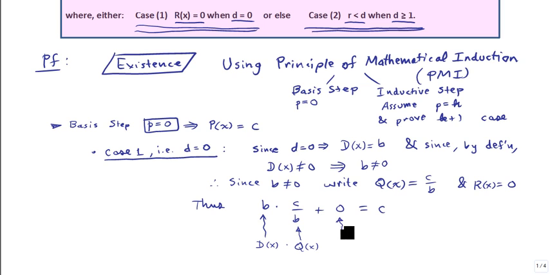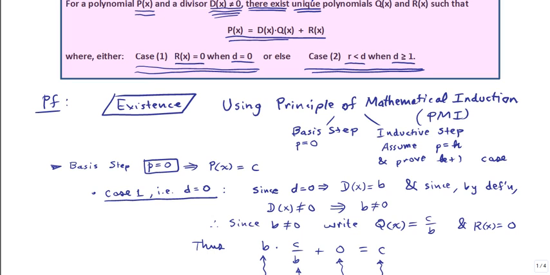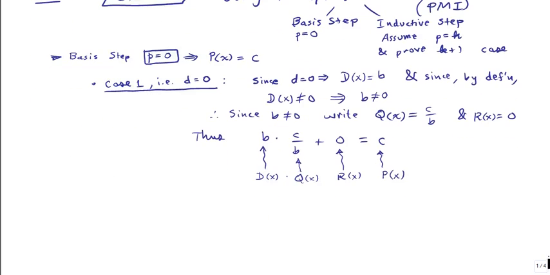This is the remainder. And of course, this is the dividend polynomial. And so, in this first case, we have in fact shown this in case 1, where the degree of the divisor polynomial is 0.